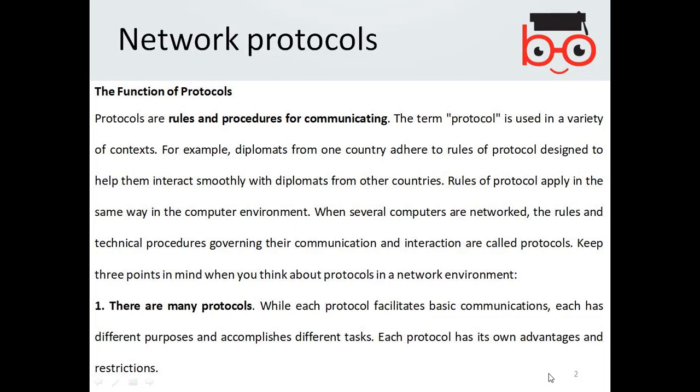Then a certain protocol of the internet is connected with your internet router, which communicates with some kind of gateway, and then gateways communicate with the internet, and the internet with your ISP, internet service provider.